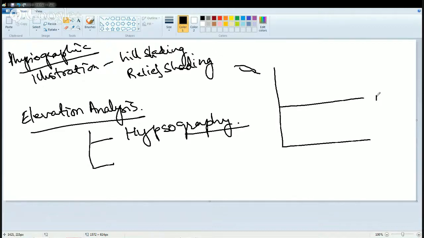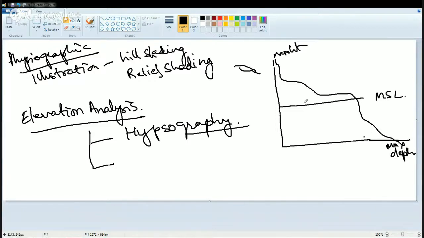This is the mean sea level. So I would be drawing from, supposedly, Mount Everest. I would be drawing the figure here, and this is the maximum height on the earth, and this is the maximum depth on the earth, and everything I'm depicting on one single map or one single diagram is known as hypsography.